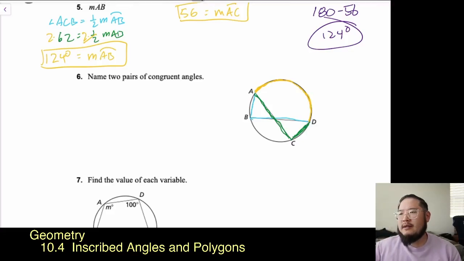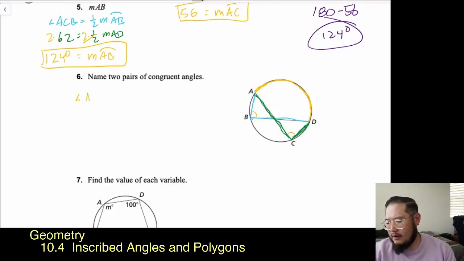Okay, that arc AD subtends angles ABD and DCA. So right here, I'm going to go ahead and say that these two angles are congruent. So that would be one pair of congruent angles. And so let me go ahead and put right here angle ABD is congruent to angle DCA.